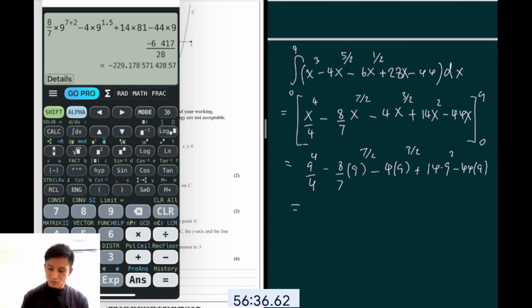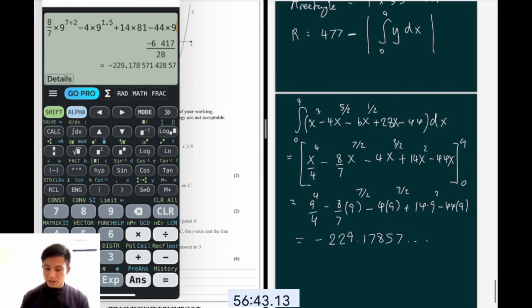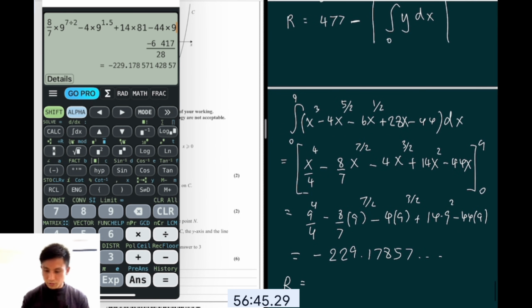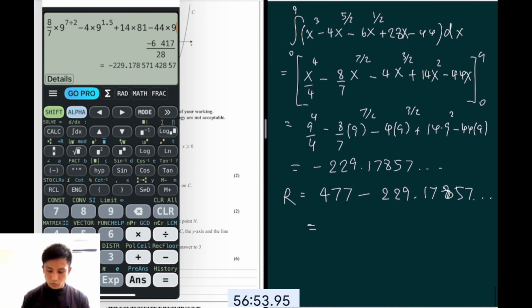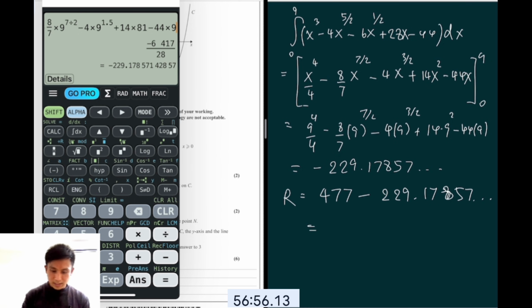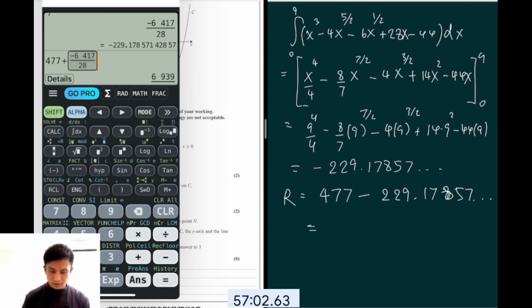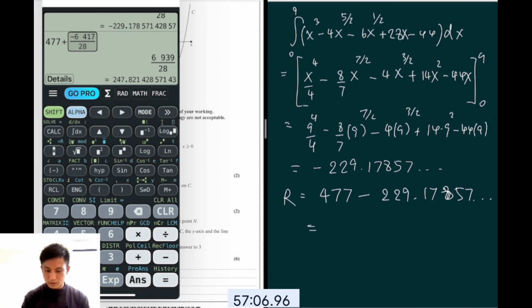Yep, everything is fine. So I get minus 2 point that. So that means if we take the positive value, r, which is the area they want, is just that, which will become, if we take the answer, 477 plus answer, yep, that should be the answer that we want.